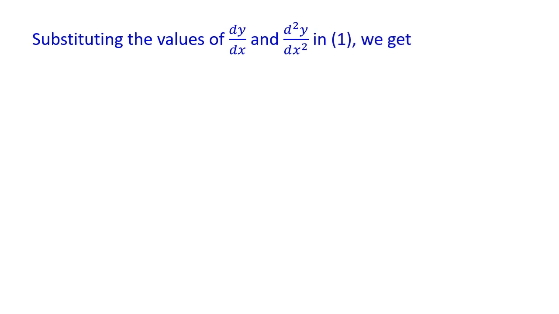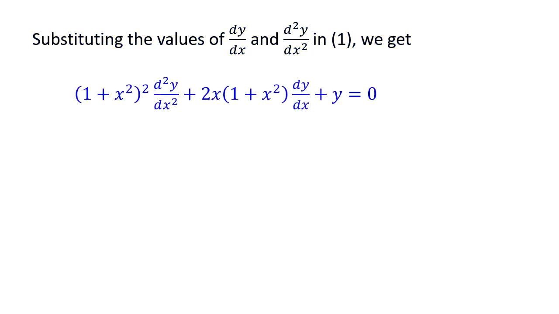Substituting the values of dy by dx and d square y by dx square in equation 1, we get, okay, once again we shall write equation 1. What is equation 1? 1 plus x square whole square into d square y by dx square, plus 2x into 1 plus x square into dy by dx, plus y is equal to 0.